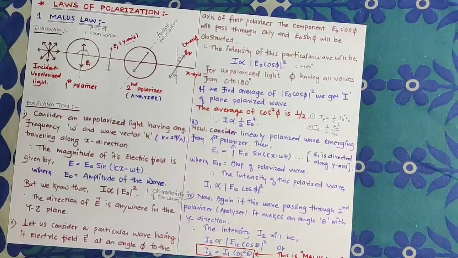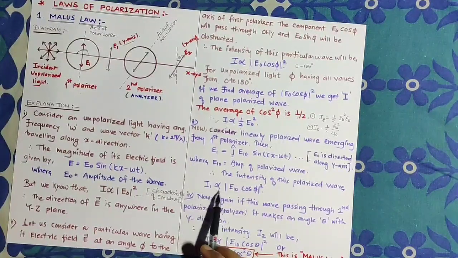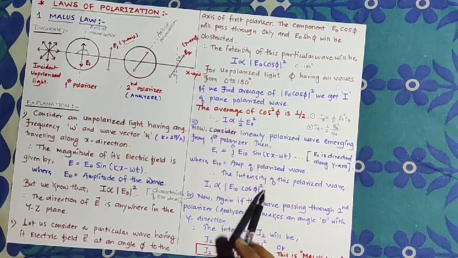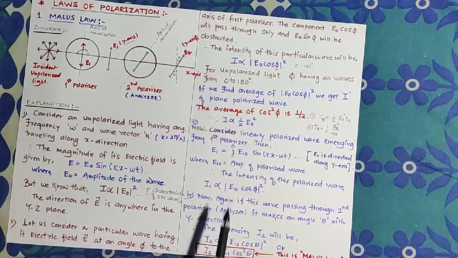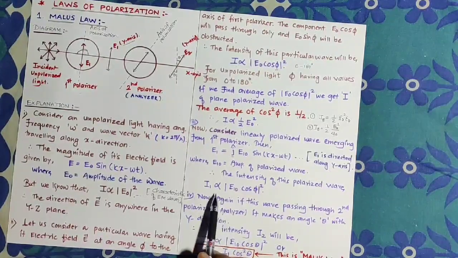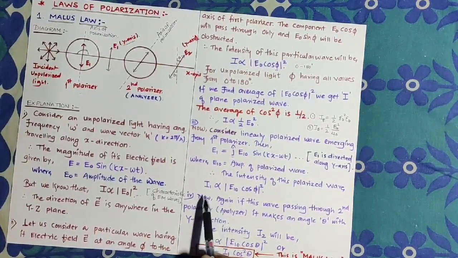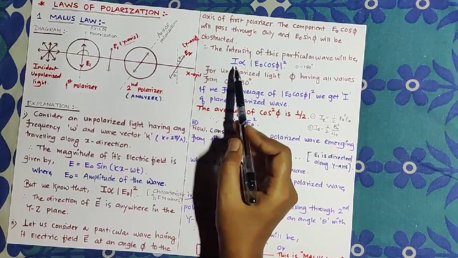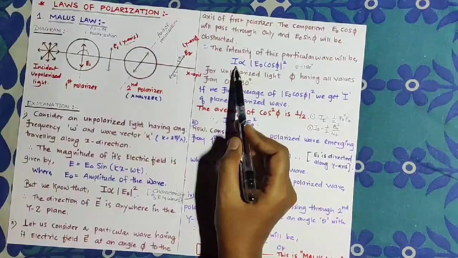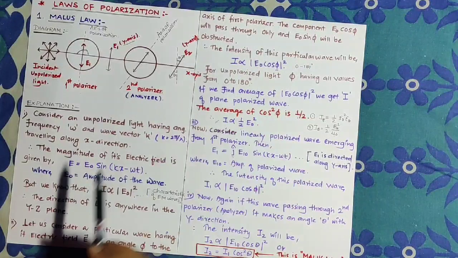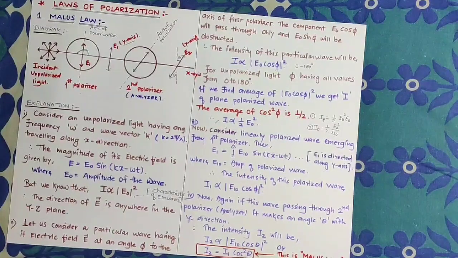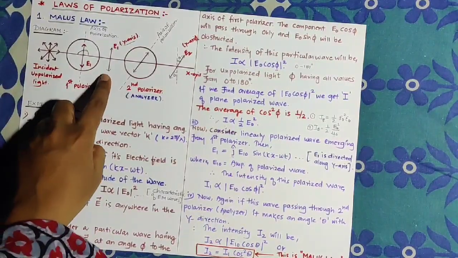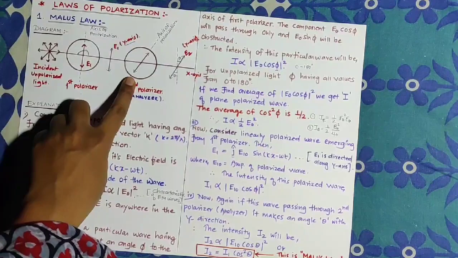Therefore we can find the intensity of that emergent wave, which is given by I1 is proportional to E10 cos phi square. Now this emergent wave is passing through the second polarizer.